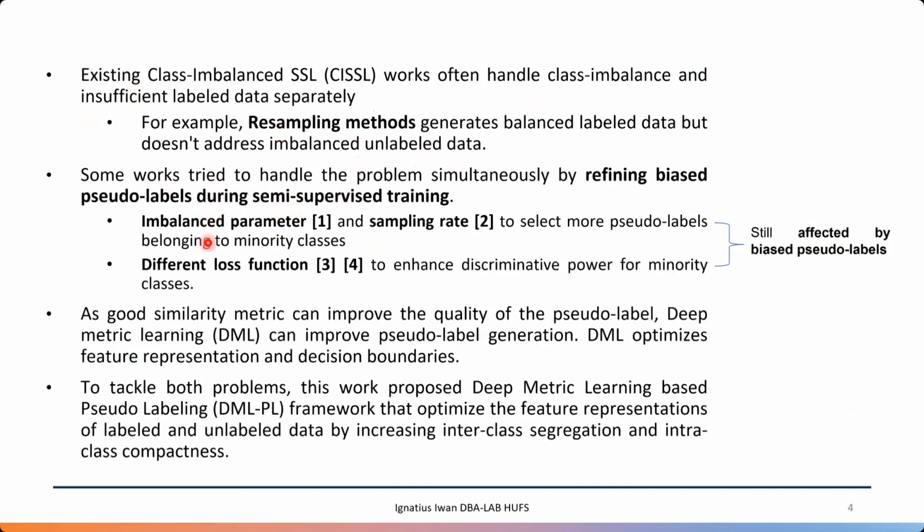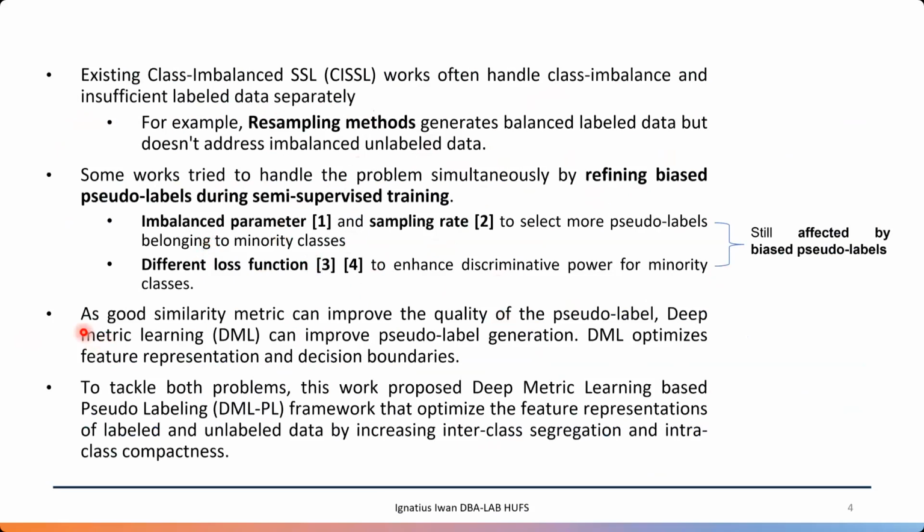For example, another previous work, Imbalance, introduces an imbalance parameter and a sampling rate to select more pseudo-labels belonging to the minority classes. Some works also modify the loss function to enhance the discriminative power for minority classes, but they are still affected by the biased pseudo-labels.